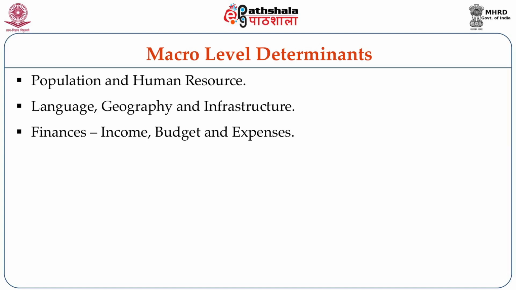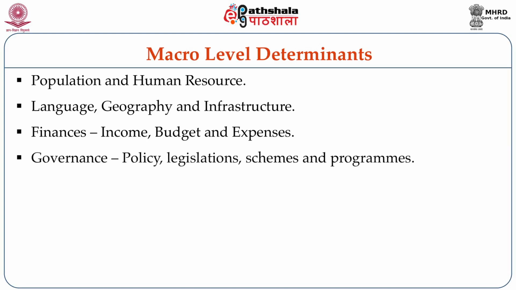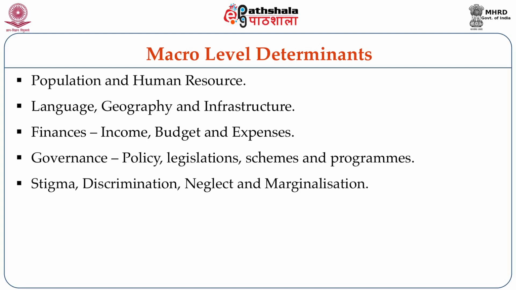Whether they live in a mountainous region, they live in the plains, then their access to finances, the whole budgeting for health and mental health, the kind of governance. So government programs, their policies, their legislation, to what extent are they positively related to the development of mental health programs and the implementation of the programs.